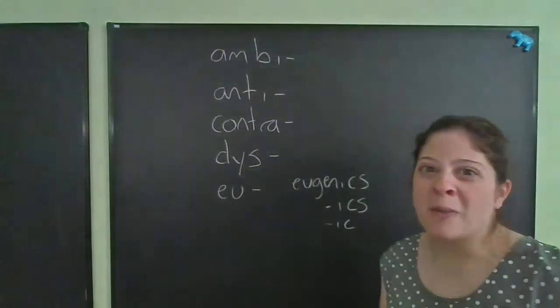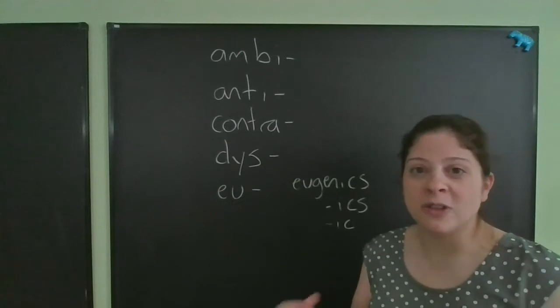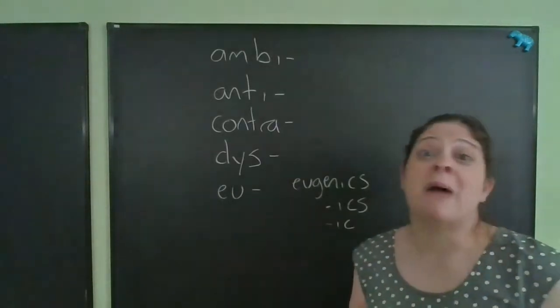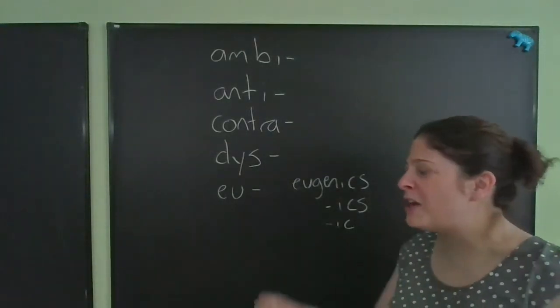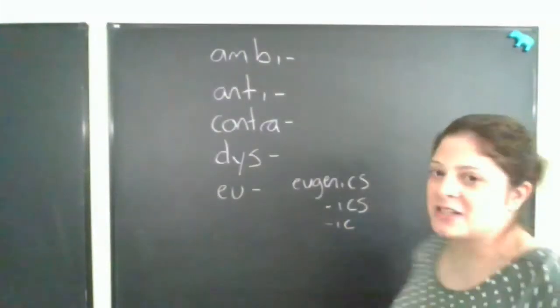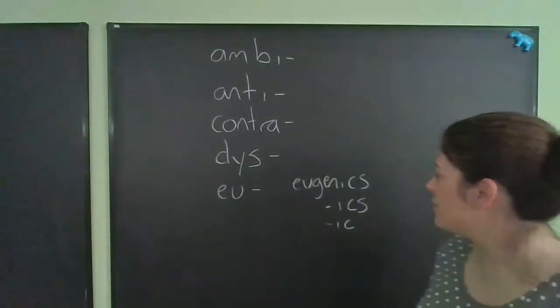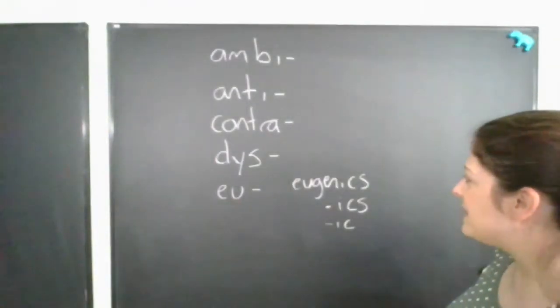But both show up. So we'll see things like you talk about studying music or arithmetic or logic, but you study mathematics, right? There's kind of a time difference where earlier on it was just ik, later ones tend to be iks. So it just is a matter of when it entered the language. But the meaning is the same.